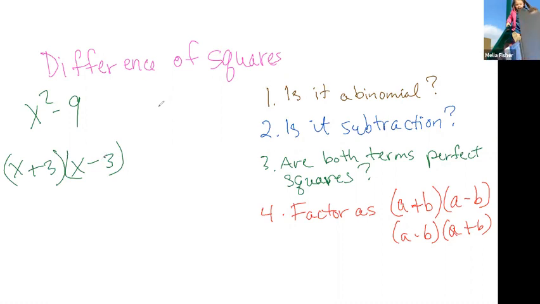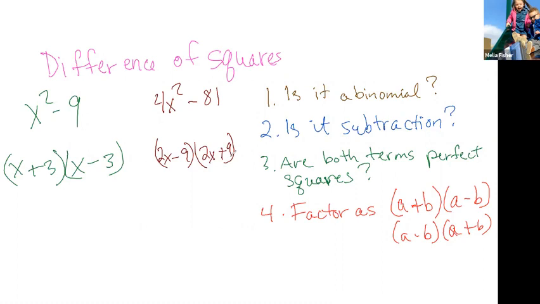Let's do another one: 4x squared minus 81. Is it a binomial? Is it subtraction? Are both terms perfect squares? 2x minus 9, 2x plus 9.